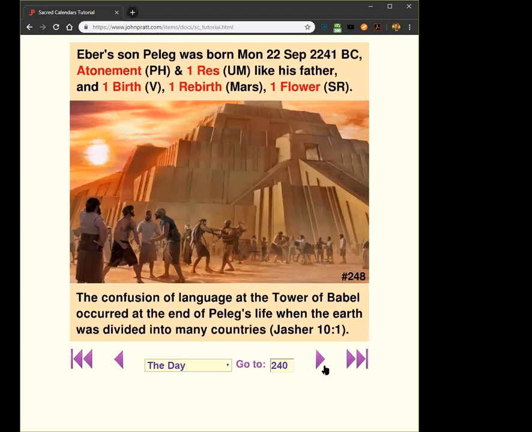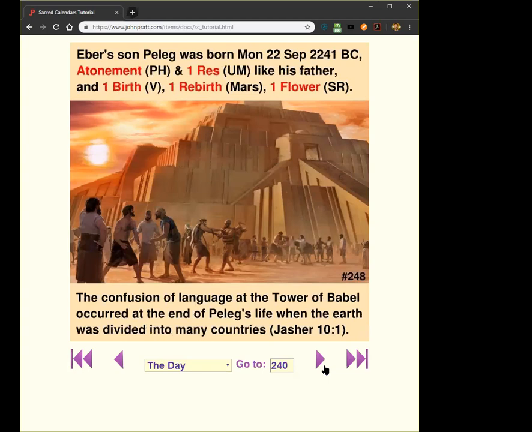But it's at the end of his life, so it's about 230 years after he's born. And I gave that date. He's born in 2240 BC. I think he lived 240 years. And so it's right about 2000 BC that you have Tower of Babel.